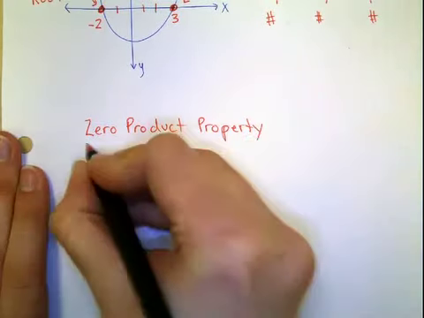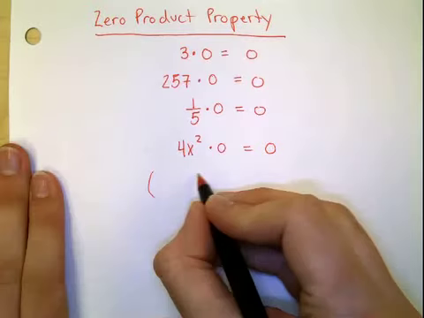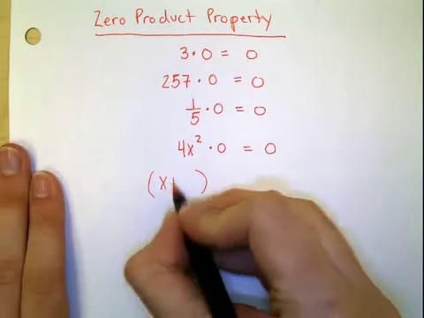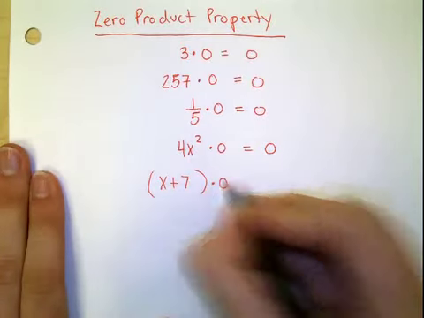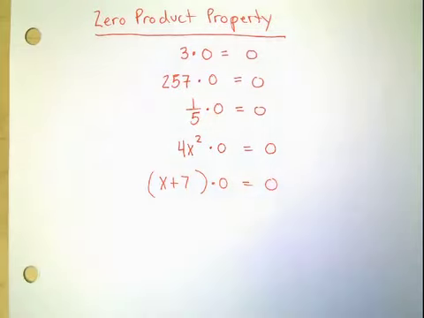Even if I made it more complex, I can throw a lot of algebra in there. What if I had a parenthesis with x plus 7 times 0? You'd still say the answer is 0. It doesn't really matter what I make up here. I could do this forever, but I'm always going to get 0 as my answer. So here's what the zero product property says.